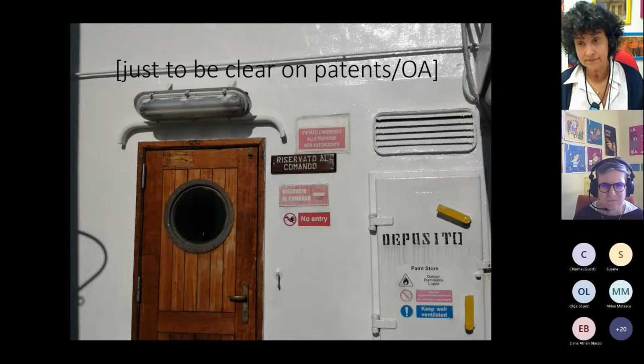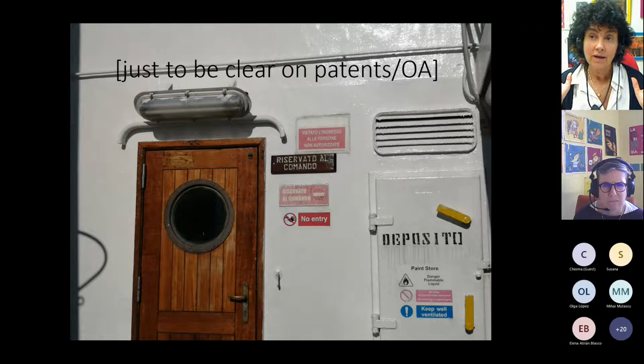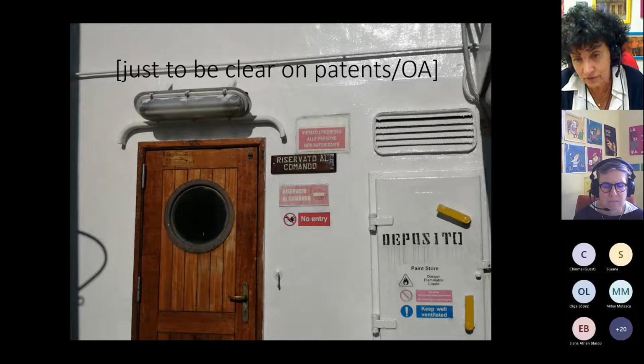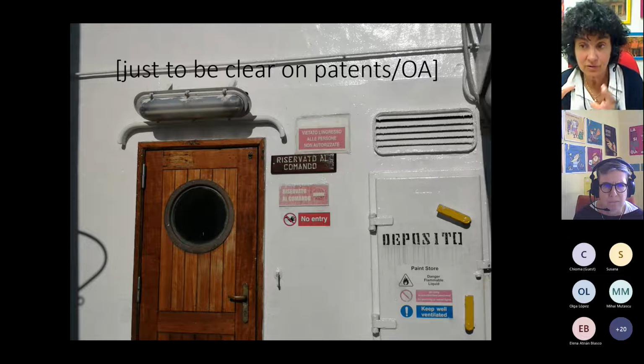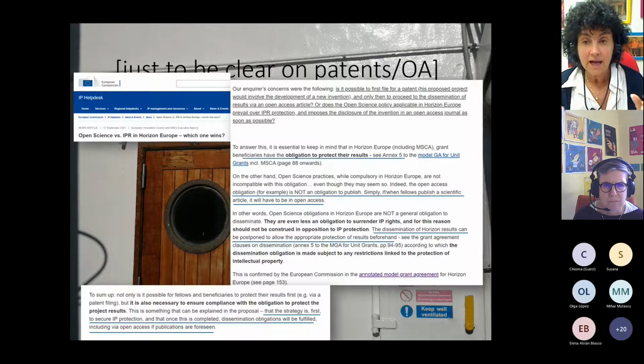Just to be clear on patents and open access, because it's a common misunderstanding, and it used to be a common misunderstanding even in Horizon 2020. Mandatory open access to publications does not mean that it's a mandate to publish. All the more so because patenting is a preliminary decision.